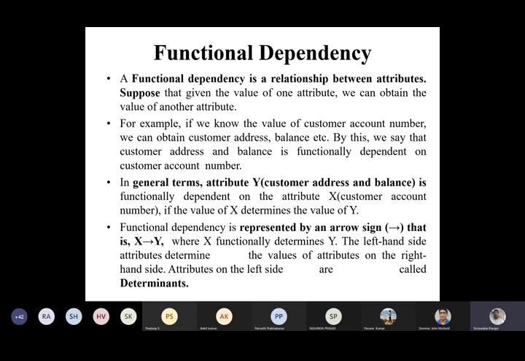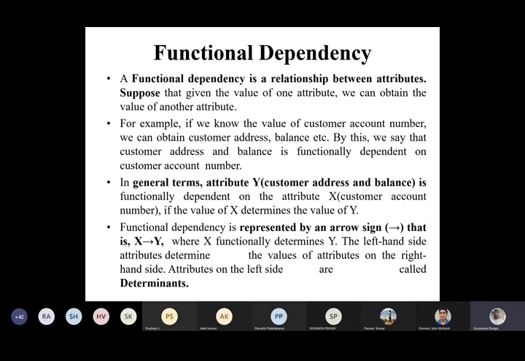So in general terms, the attribute Y is functionally dependent on attribute X, which means X determines Y. Here account number is the variable X. Using the account number, you'll be able to determine the name of the customer, the balance amount of the particular account, and the address or location of the customer.